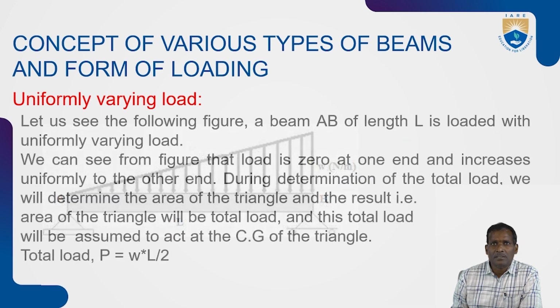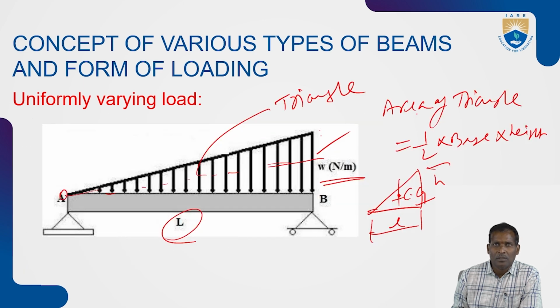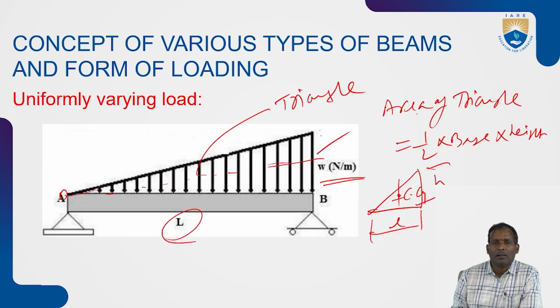In this case, the area of the triangle multiplied with the load will give the total load acting on this uniformly varying load.